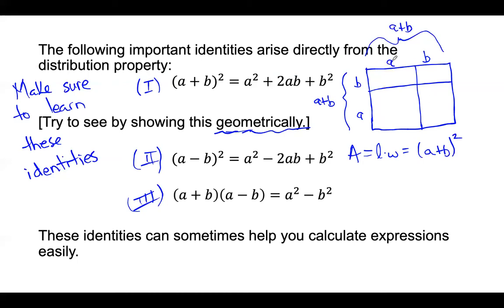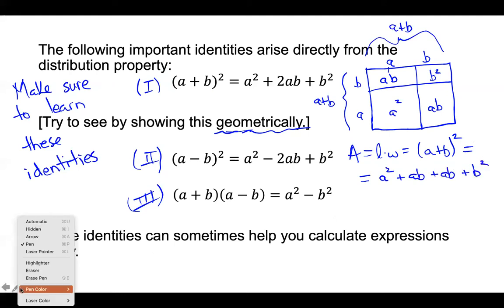Now, if we see A times B is here, this little area. B times B is just B squared. A times A is A squared, and A times B is here. Now, if we add all these boxes up, we get A squared plus AB plus AB plus B squared. Where do these come from?